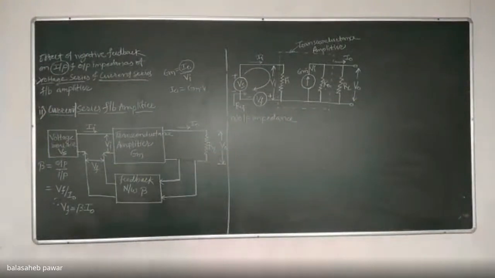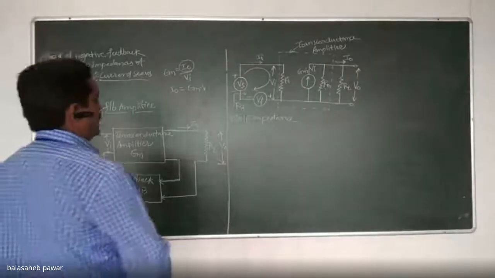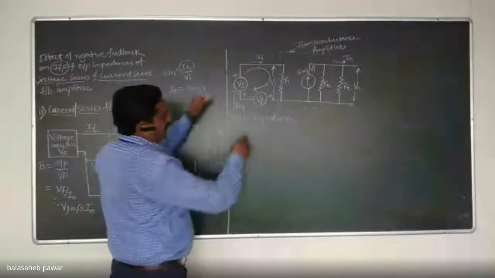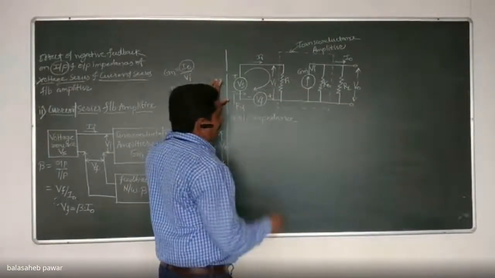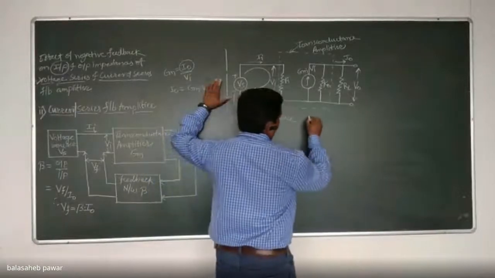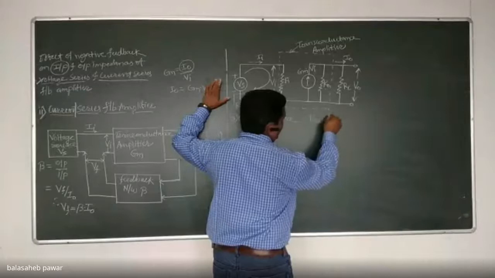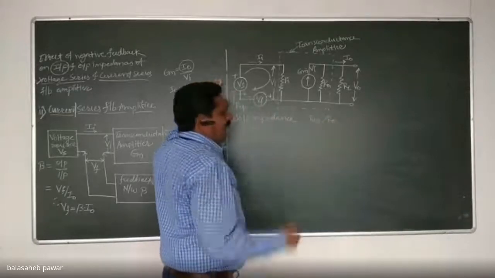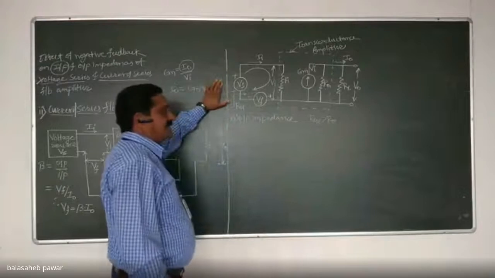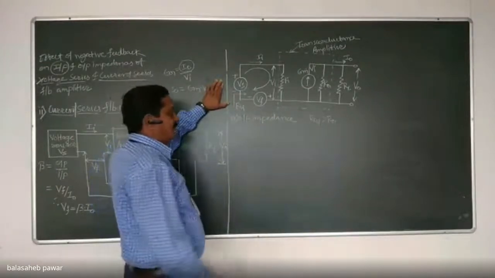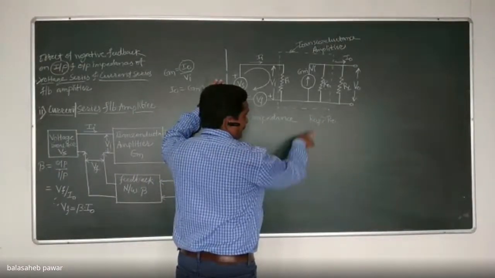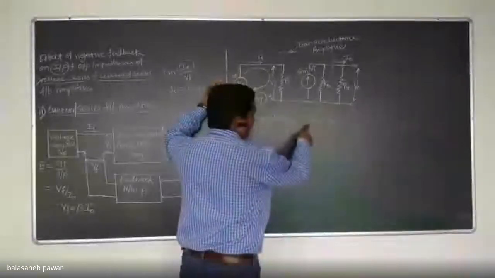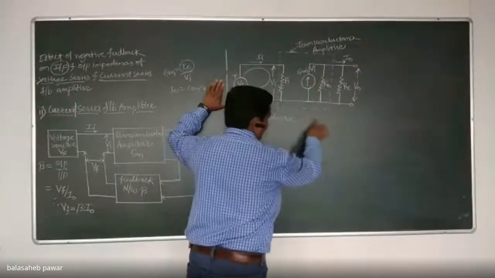And if it is current type of sampling, then it will increase the output impedance. So as per today's topology, as the sampling is in terms of current, we want to conclude that ROF is greater than RO. In the previous case, for voltage series feedback amplifier, as the sampling was voltage type, yesterday we derived that ROF is less than RO. But today, at the end, you will observe that ROF will be greater than RO because there is current type of sampling. Okay. Is it clear?